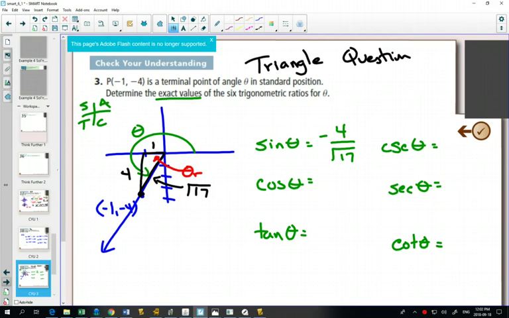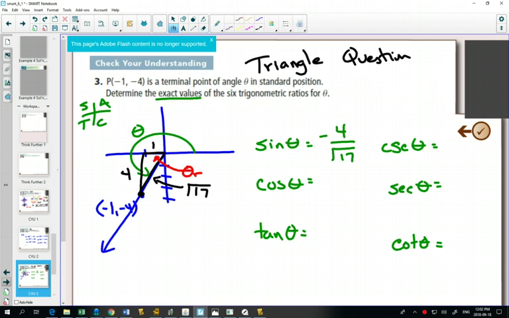You only have to do that if it says rationalize the denominator, or if this was a multiple choice question, in the multiple choice answer they might say sine theta is equal to negative 4 root 17 over 17, and you came up with this, and it doesn't show up, you have to rationalize in order to match it. So they assume you know how to do it, and it still comes up.